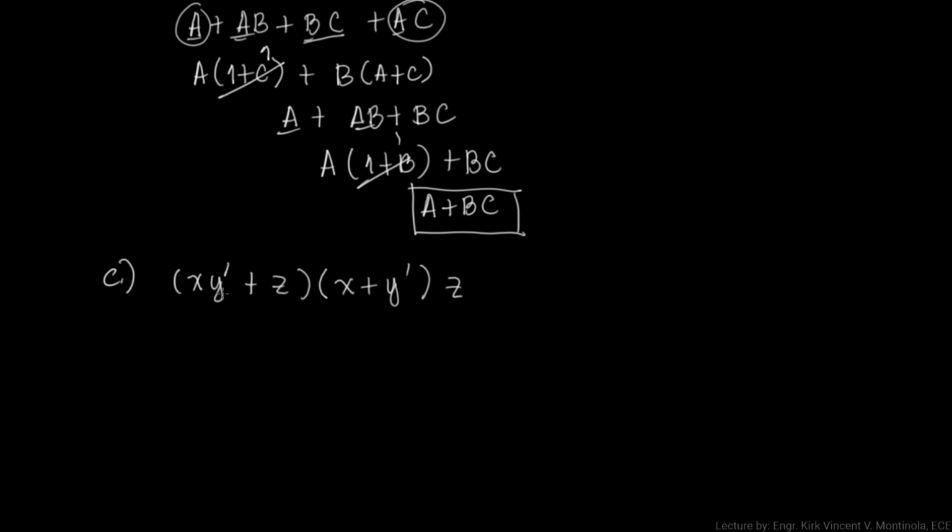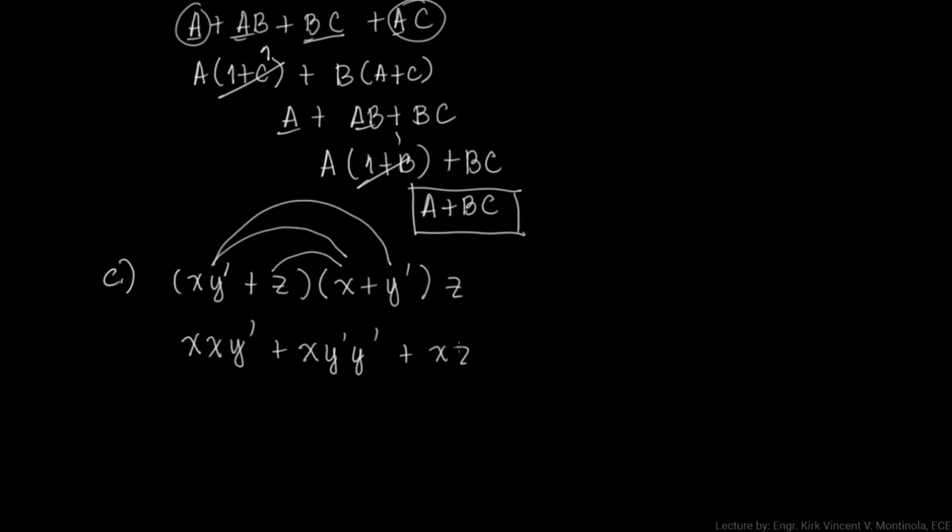So one by one, this is x, and then y prime. And then this one is plus x, then that is y prime, y prime. This one becomes plus xz, and this one becomes z plus y prime z. Multiply to z. Meron kasi sa labas.